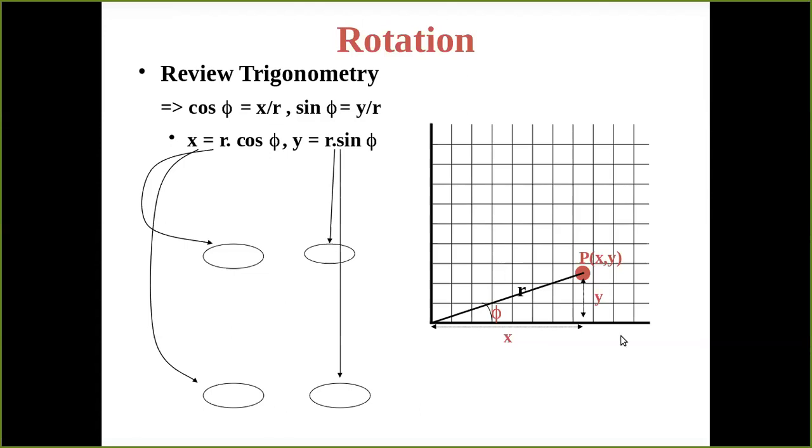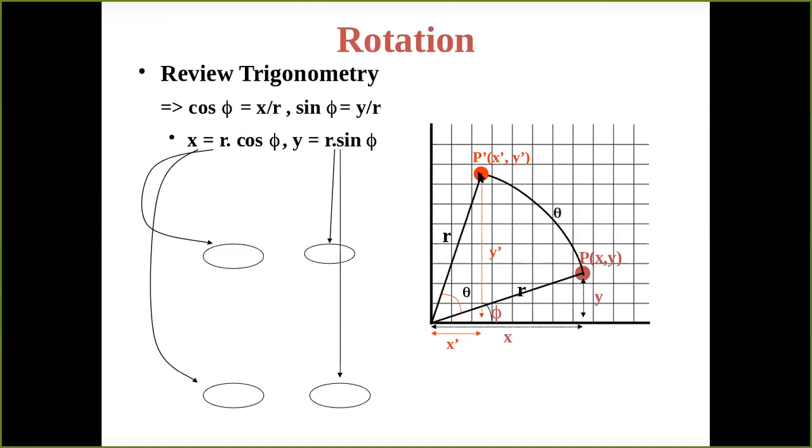Now if you find x and y, you can write from this formula x equals r cos theta and y equals r sin theta. Now if we change the theta angle, that means the total angle with this r, for P dash.